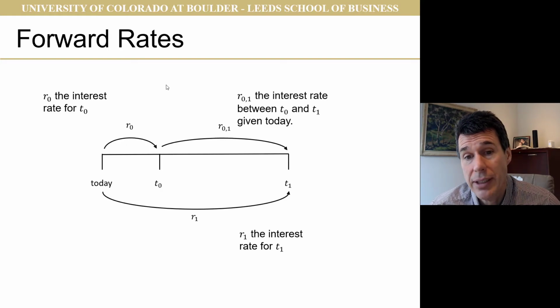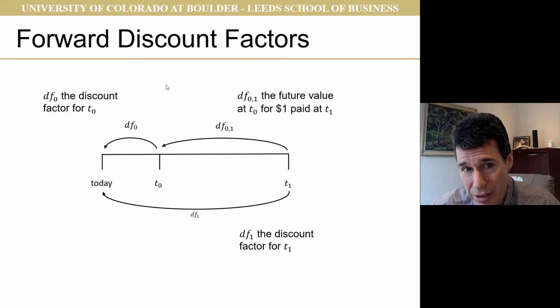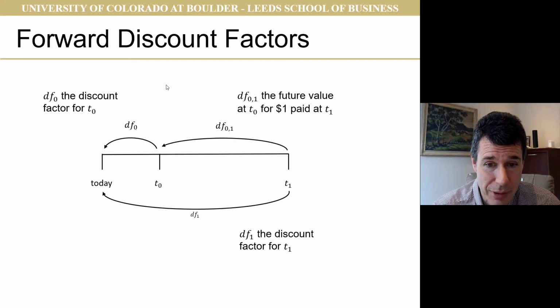So basically we get to touch our money, but we don't really get to touch our money. We have to immediately reinvest it. So there should be a rate which makes us indifferent to which of these things we do, and that rate is called the forward rate. Now we can also draw this picture in terms of discount factors, and I'm going to do that here, and it looks pretty much the same, except the arrows go the other direction.